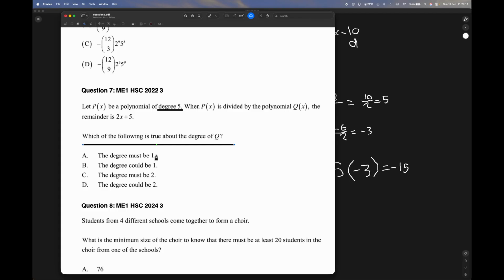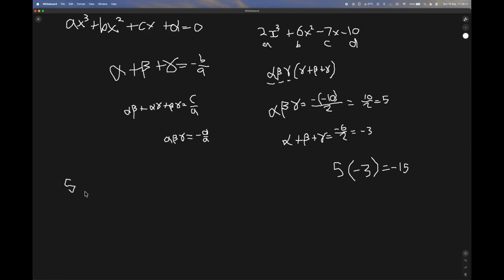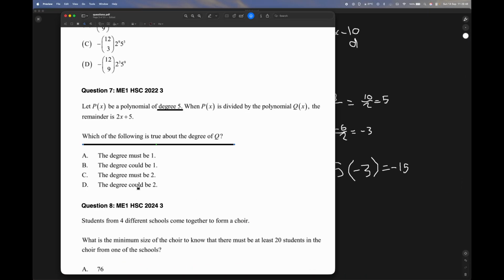So, degree 5, sorry, means it must start with an x to the 5: ax to the 5 plus bx to the 4, cx to the 3, and so on.